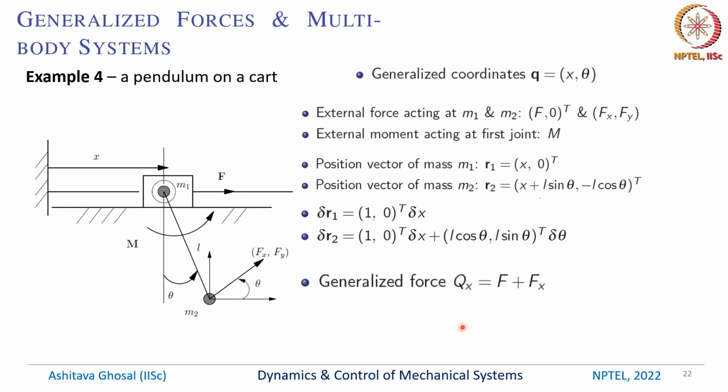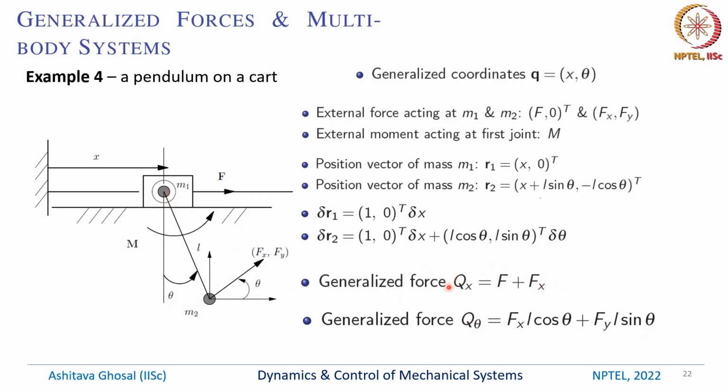So the generalized force, again using the same formula, corresponding to x, which is qx, will be given by f plus fx. So there is a component fx which is along this direction. The generalized force for x is f plus fx, whereas the generalized force for theta will be fx into L cos theta plus fy into L sin theta. So basically this is the moment of this force fx and fy as seen at this point.